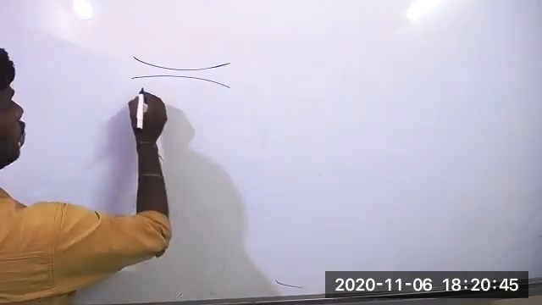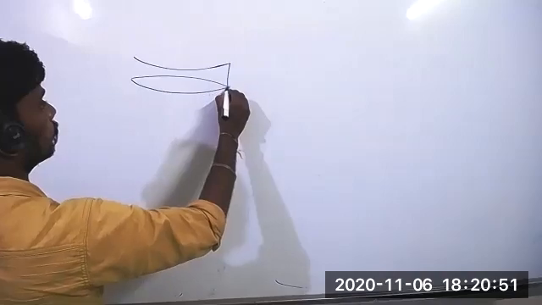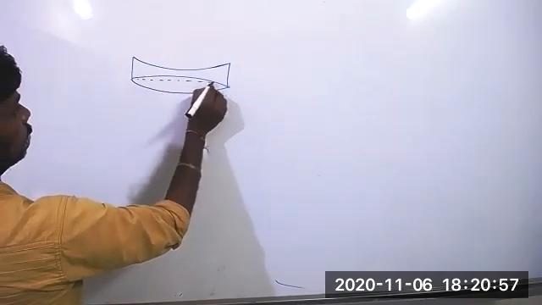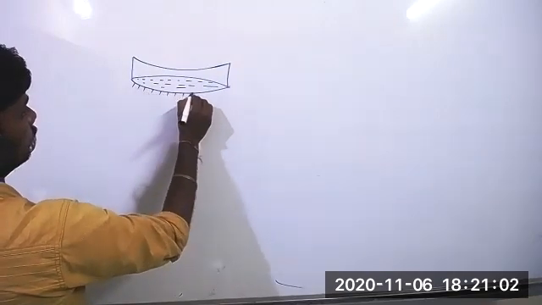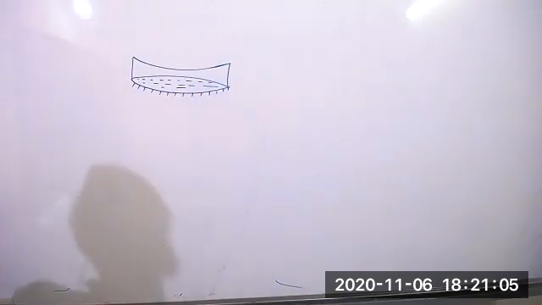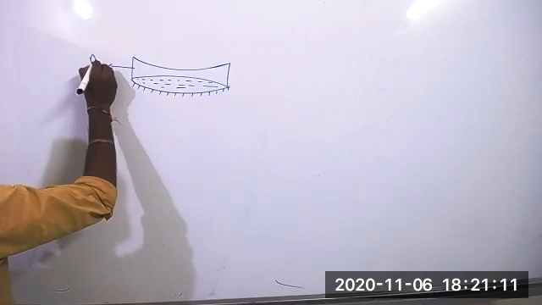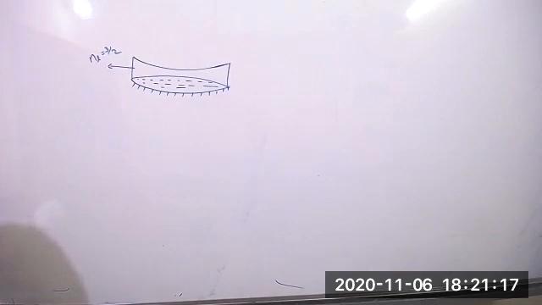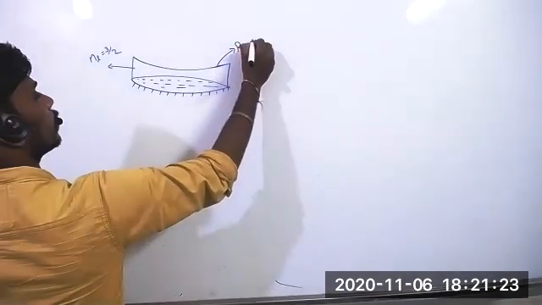Let's see now. See the question. This is the refractive index of the lens, NL equal to 3 by 2. And radius of curvature of this is R1 equal to 10 centimeters.